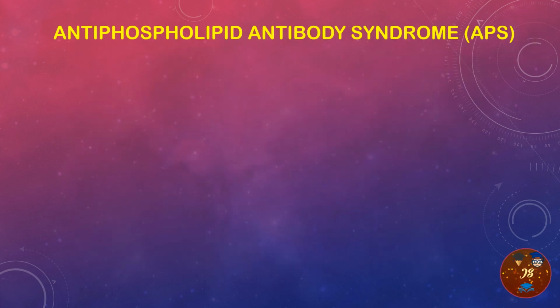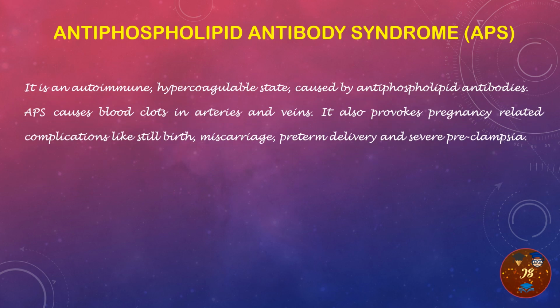So, antiphospholipid antibody syndrome, which we discussed in our first video, just a bit of revision. It is an autoimmune hypercoagulable state caused by antiphospholipid antibodies. There are some antiphospholipid antibodies in our body which cause clot formation in various arteries and veins.